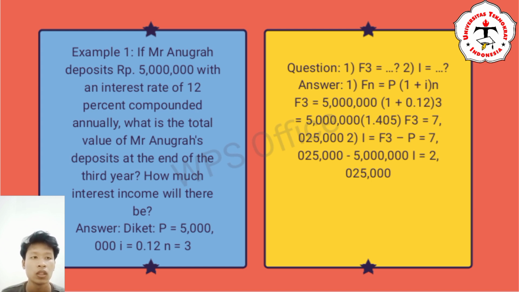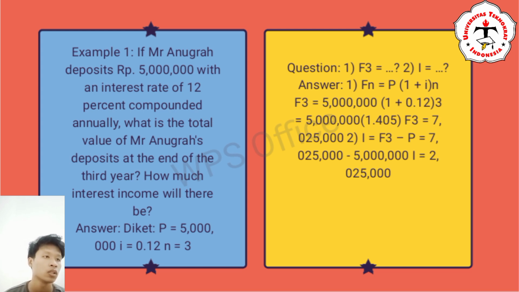How much interest income will there be? Answer: known P equals 5 million, i equals 0.12, n equals 3. Question F3 is the first question, and the second question is I.